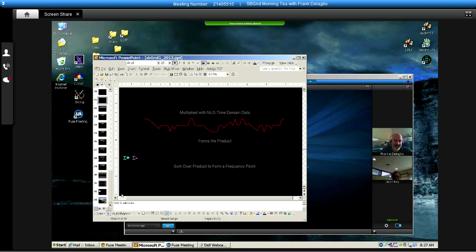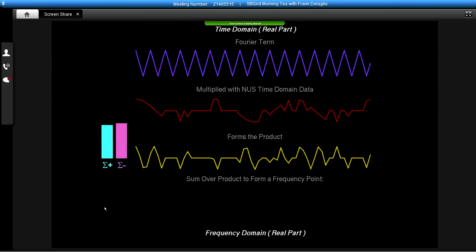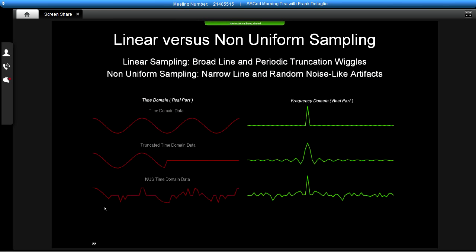So let's look at this in more detail compared to the previous cases. In the fully sampled case, we had a nice flat baseline and a sharp signal. In the truncated case, we have an artificially broad signal with regular but very large truncation artifacts.